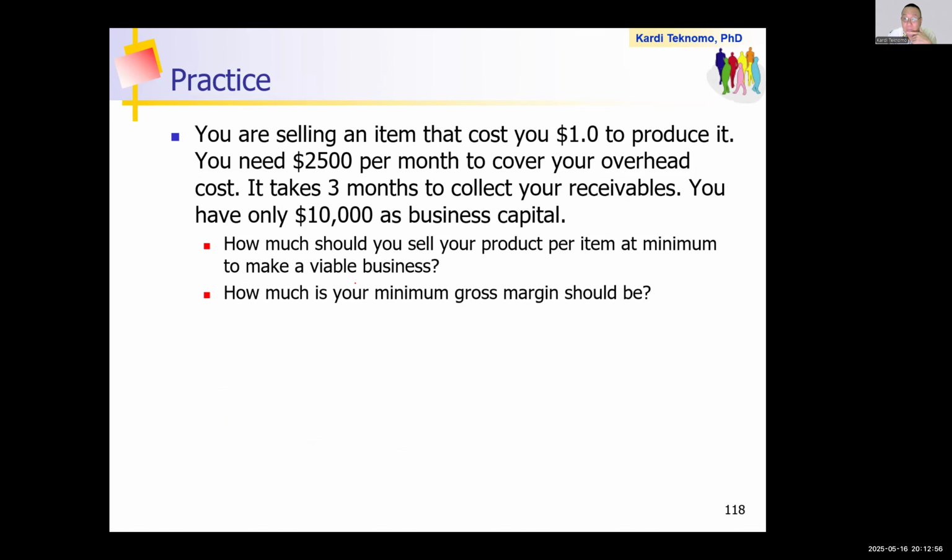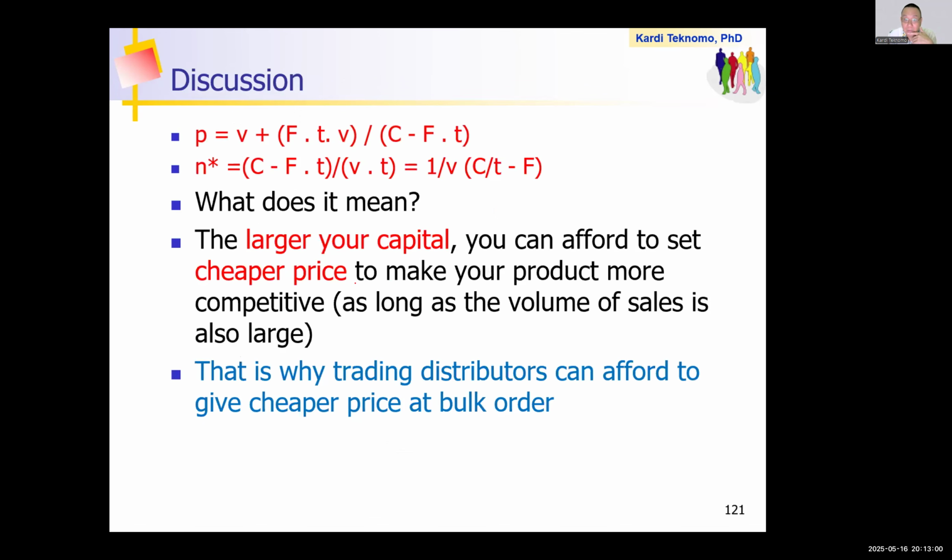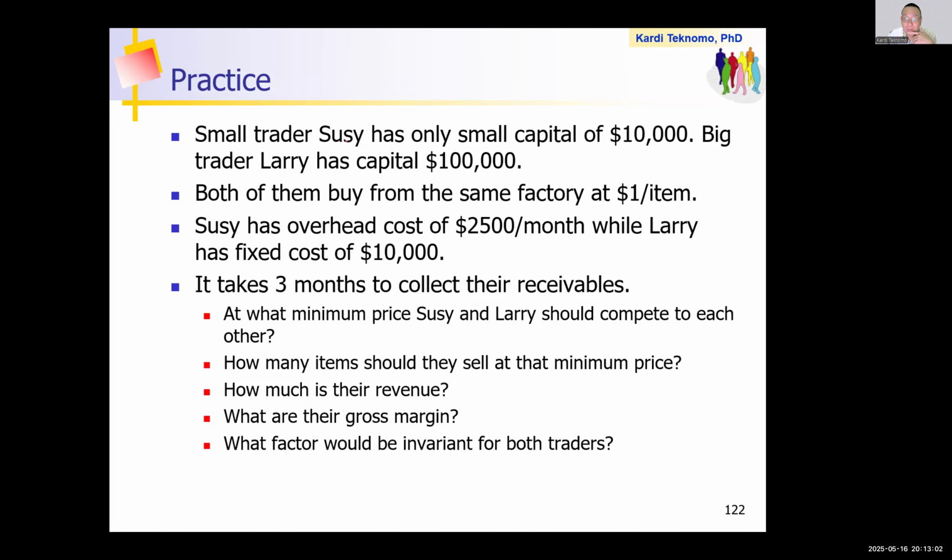Now, what happened if you actually have small trader and big trader? Of course, small trader has only small capital, but big trader has bigger capital. And they buy from the same factory. Of course, small trader has smaller overhead costs, like the fixed cost.